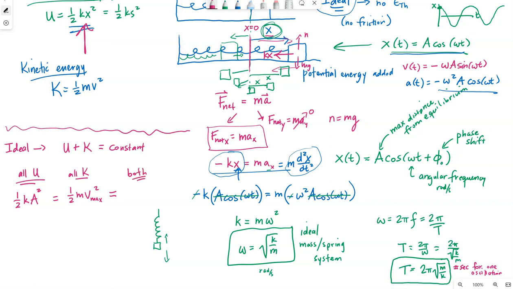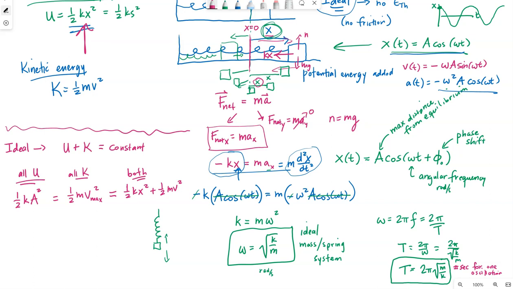At every other moment in time, there will be some potential energy and some kinetic energy: 1/2 m v squared. The spring, if it's stretched or compressed, even just this small distance, has some potential energy, but the mass will still be moving at that moment. And so there will be some of both types of energy.